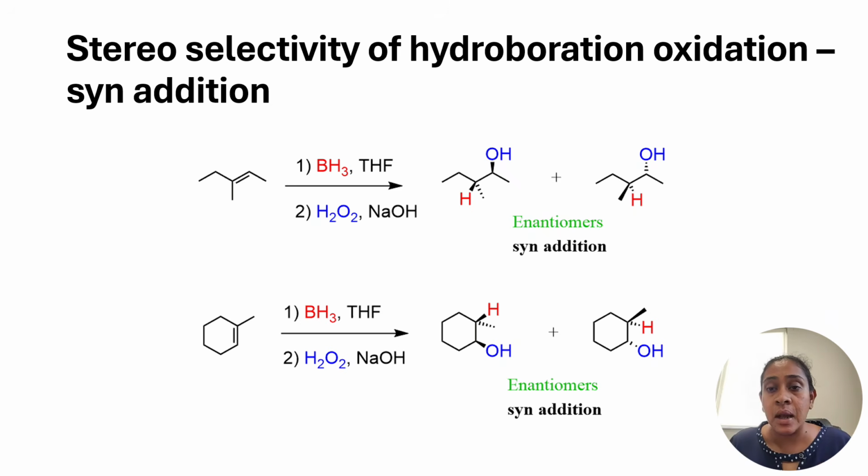If the substrate is achiral and both faces are equivalent, then attack from both faces can happen, and it is going to produce a pair of enantiomers. In each individual product, however, the newly added hydrogen and OH are on the same face. So remember the two defining features together: anti-Markovnikov regiochemistry and syn stereochemistry.